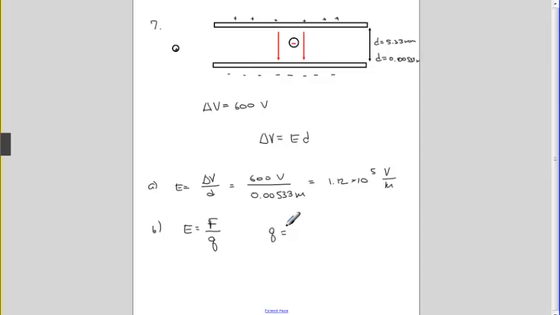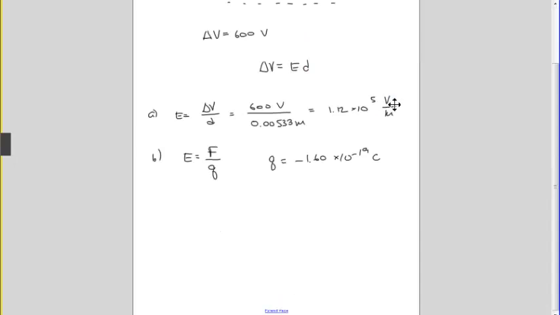And here it is, page 501. So the charge is 1.60 times 10 to the minus 19th coulombs. So we know the electric field. Let's just go ahead and write it down: 1.12 times 10 to the fifth newtons per coulomb.